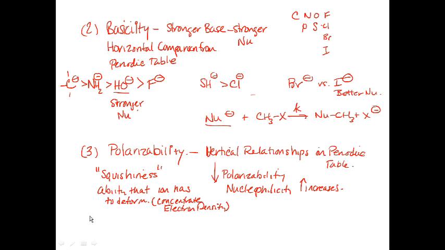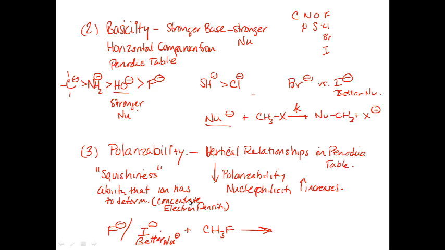Well, if we were to take, for instance, a fluoride and an iodide and react it with something like CH3F, which one of these two would react faster? Well, now that we know that when we're comparing two nucleophiles that are vertically related on the periodic table, we have to consider polarizability. So I would be predicted to be the better nucleophile in this case.